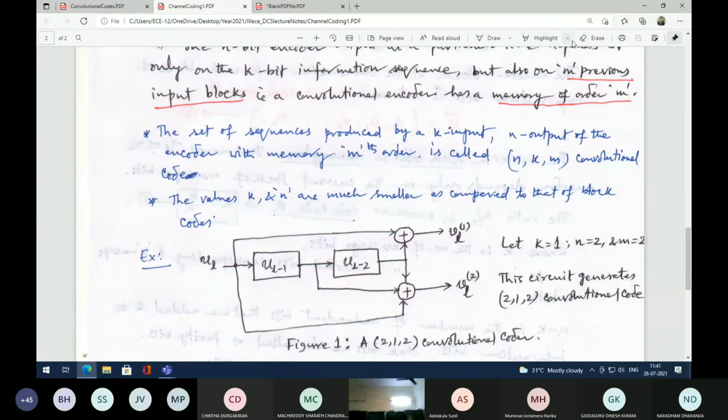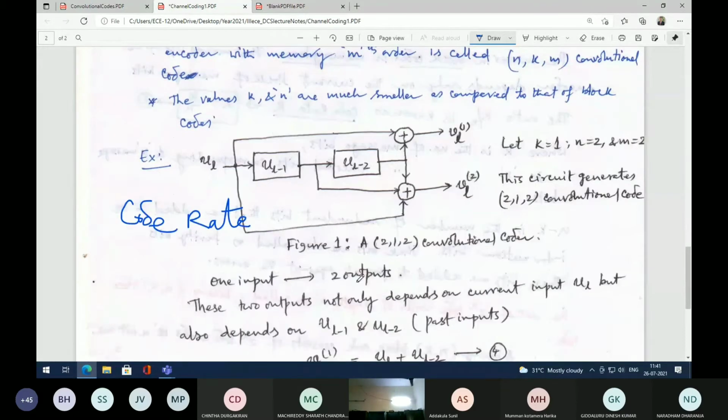So what is the code rate here? It's 1 by 2, because when you apply 1 bit, I am getting 2 bits output. Number of input bits by number of output bits gives you the code rate. Therefore, this is a half rate convolution code.